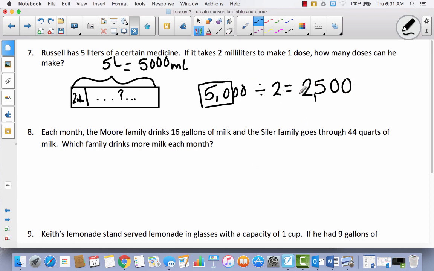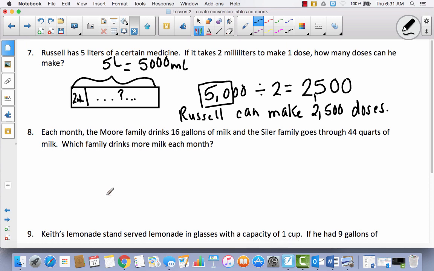So Russell can make 2,500 doses. It's a lot, isn't it? 5,000 milliliters divided by 2 would be 2,500.